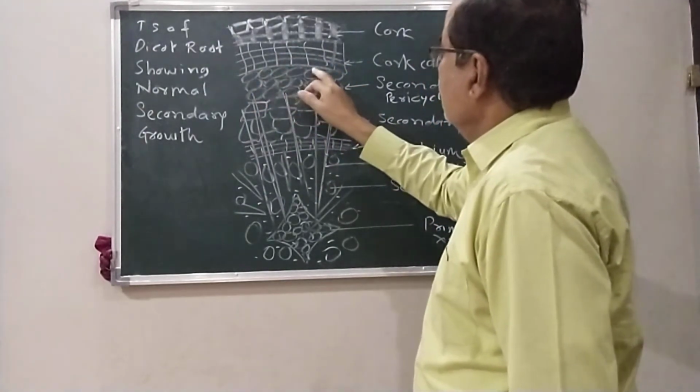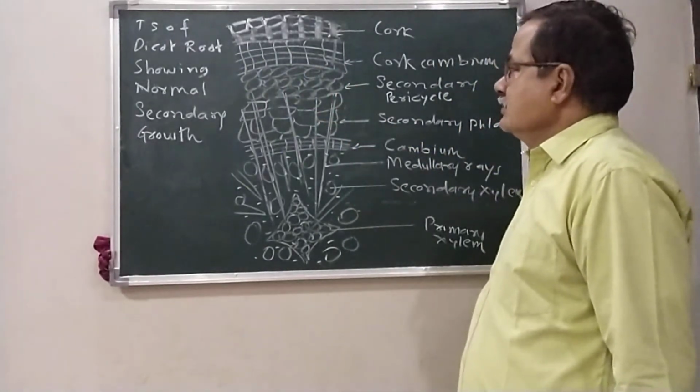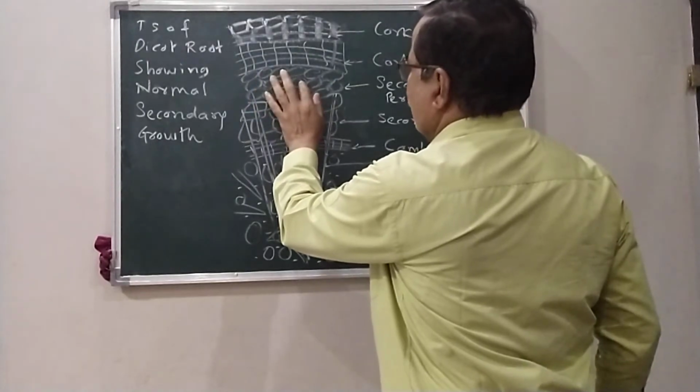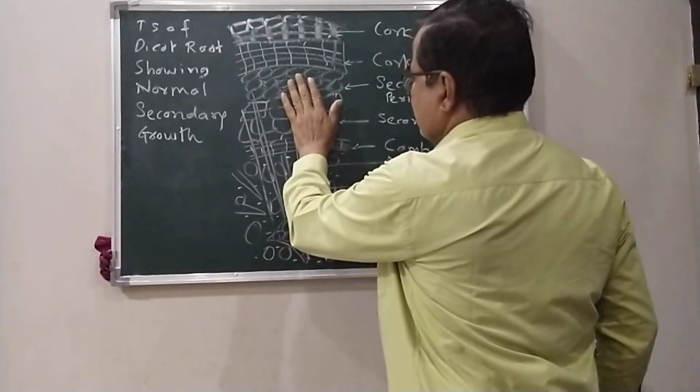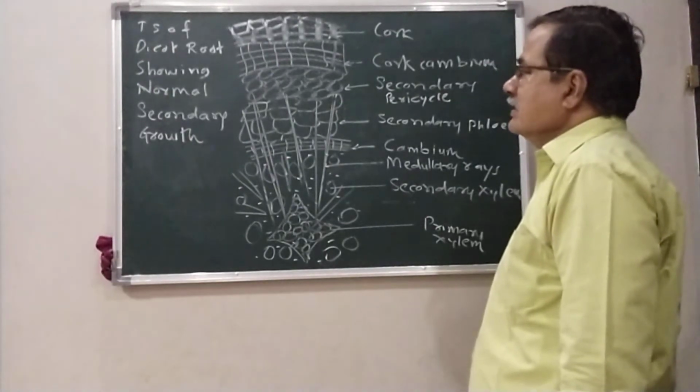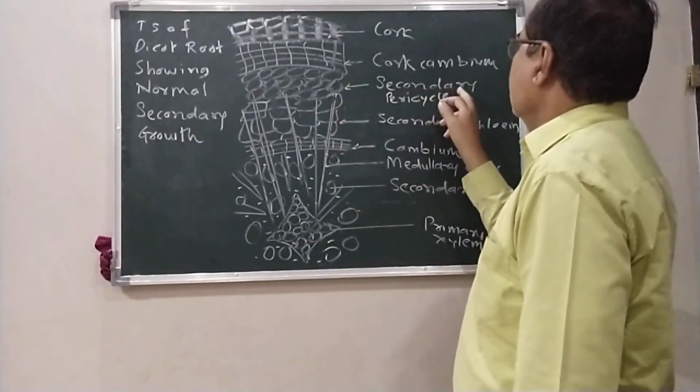On the inner side, polygonal and oval cells are formed, loosely arranged with intercellular spaces, thin-walled, with nucleus and cytoplasm, completely living cells. They are known as parenchymatous cells, and these cells form the secondary cortex.